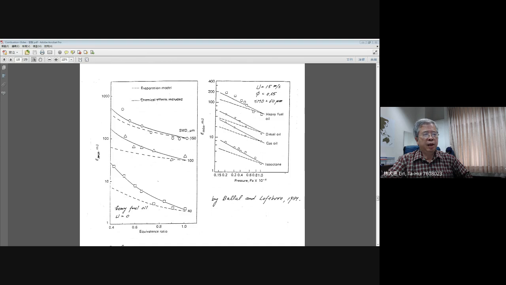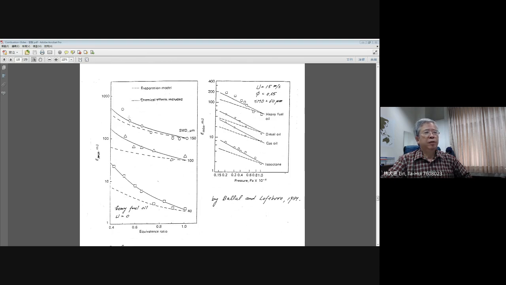The SMD values are different: 40 micron, 100 micron, and 150 micron. You will find the solid line represents the prediction by the chemical reaction rate model, and the broken line represents the previous estimation by the evaporation model.